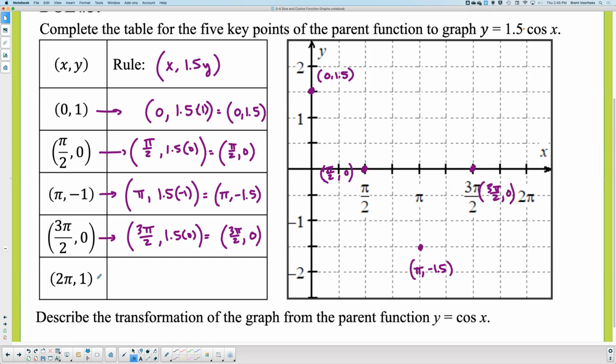And finally, 2 pi. It's going to be 2 pi and 1.5 times our 1, which equals 1.5, and that is also a maximum.